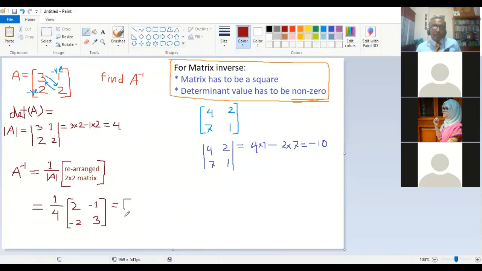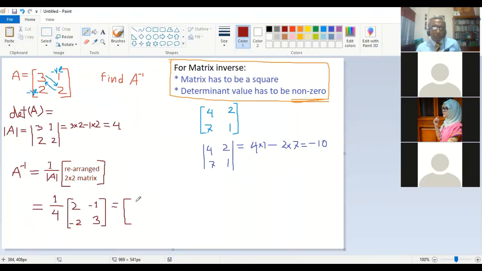If you want to write this matrix another way, it is 1 by 4 multiplied by all the numbers. You can multiply all the numbers by 1 by 4. This is also a rule in the matrix system. You multiply all the numbers inside by 1 by 4.